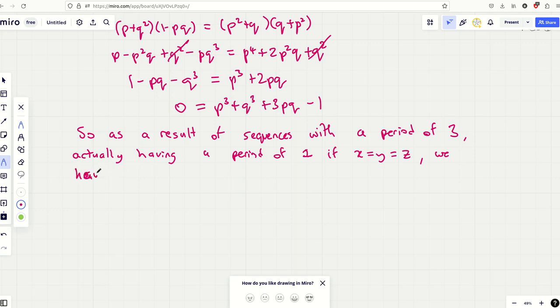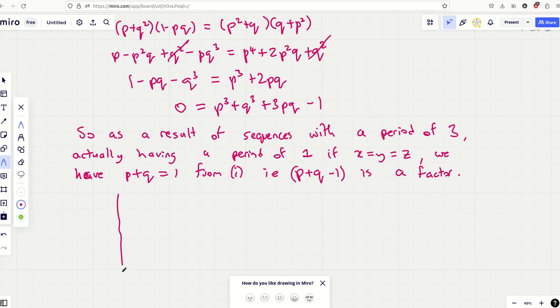Oh, we have p plus q equals 1 from 1, i.e. p plus q minus 1 is a factor. So that's how I determined that that would be a factor of this.